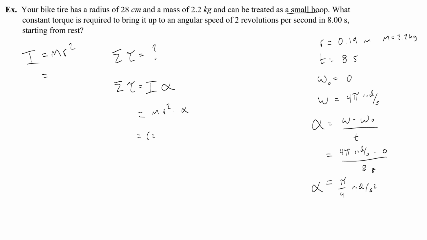So 2.2 kilograms times 0.19 meters, the whole thing squared, times pi over 4 radians per second squared. And all of this will give me, oh, wait, maybe you caught my mistake. 4 over 8 is 1/2, so it would actually be pi over 2.